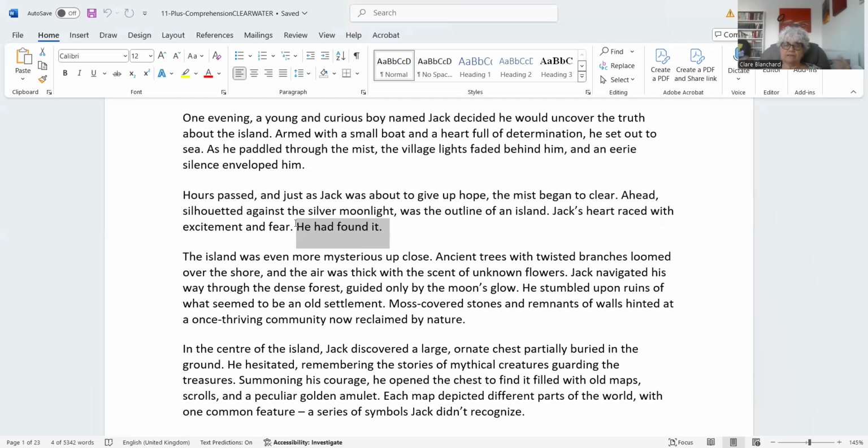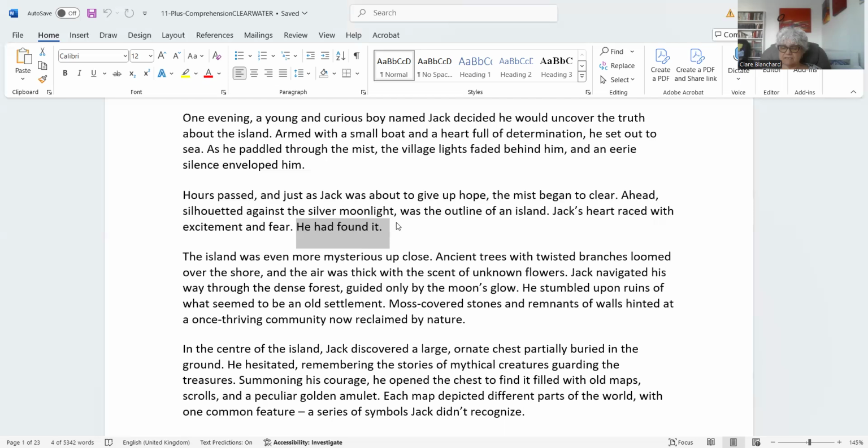Up to this point, Jack has been setting out looking for a mysterious island, which he wasn't even sure existed. Now he's found it. That line comes at the end of a paragraph, and it's a marker showing the end of his search and the beginning of his description of the island.